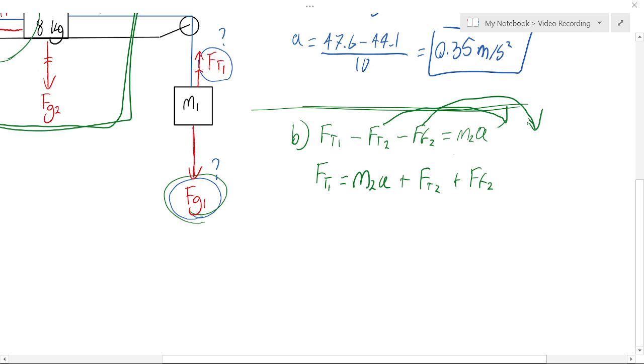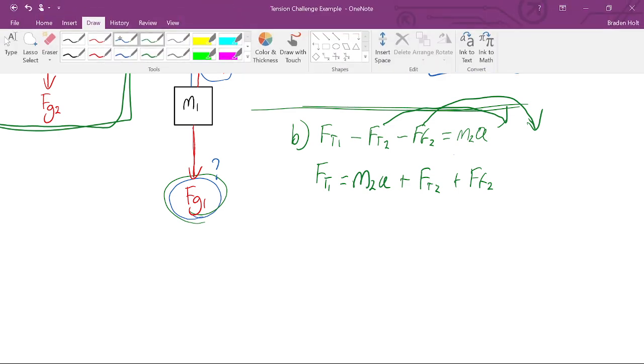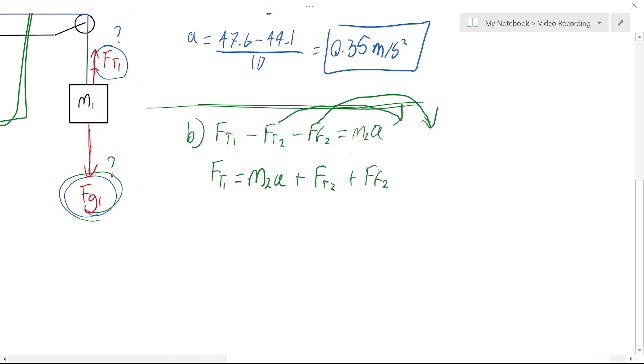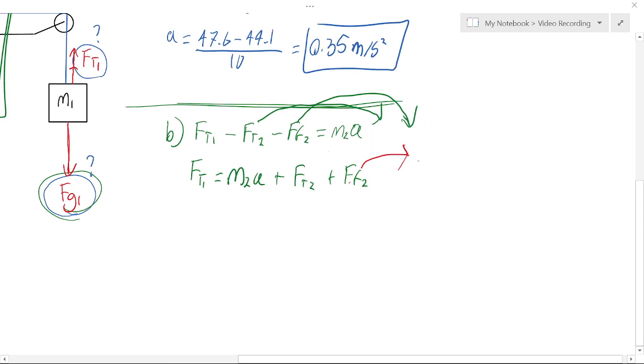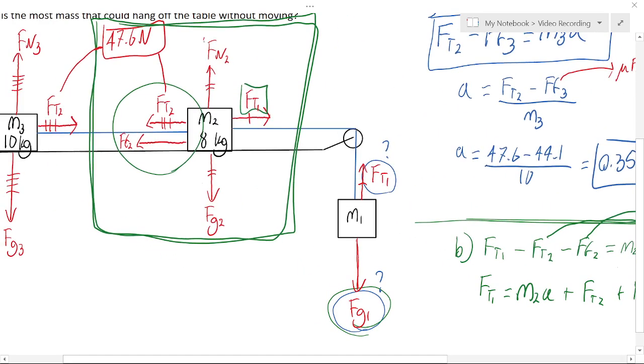Okay, now I know M2 and A and FT2, so all that's left to do is quickly find FF2 here. Let's calculate what this is so that we're ready to solve our problem. So FF is equal to mu Fn, Fn2 in this case, and as we already discussed, that's equal to mu times m times g, because again we see that the vertical forces are balanced.